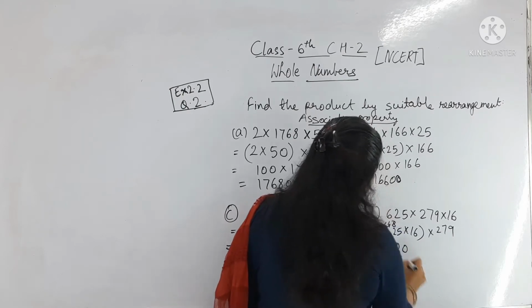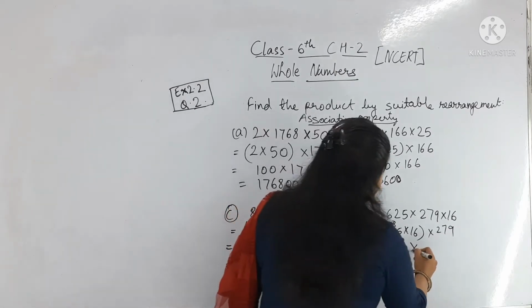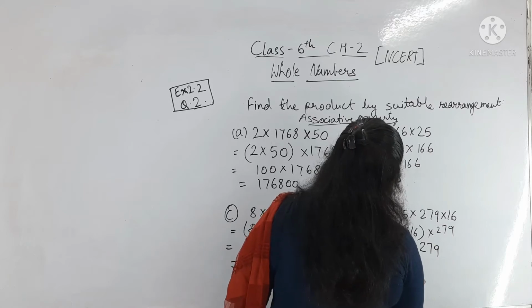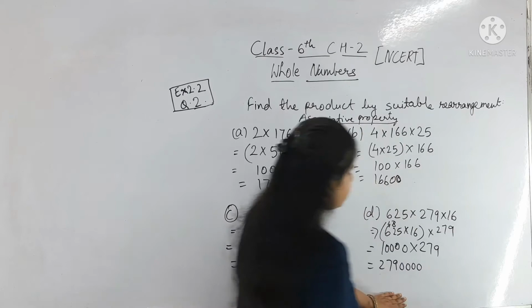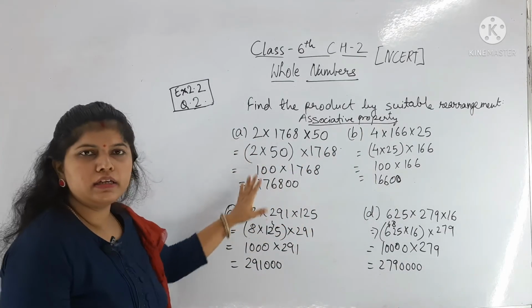So I am getting 10,000 here, 625 into 16 into 279. 4 zeros are there, so you have to write 4 zeros here. Like this you can simplify in an easy way.